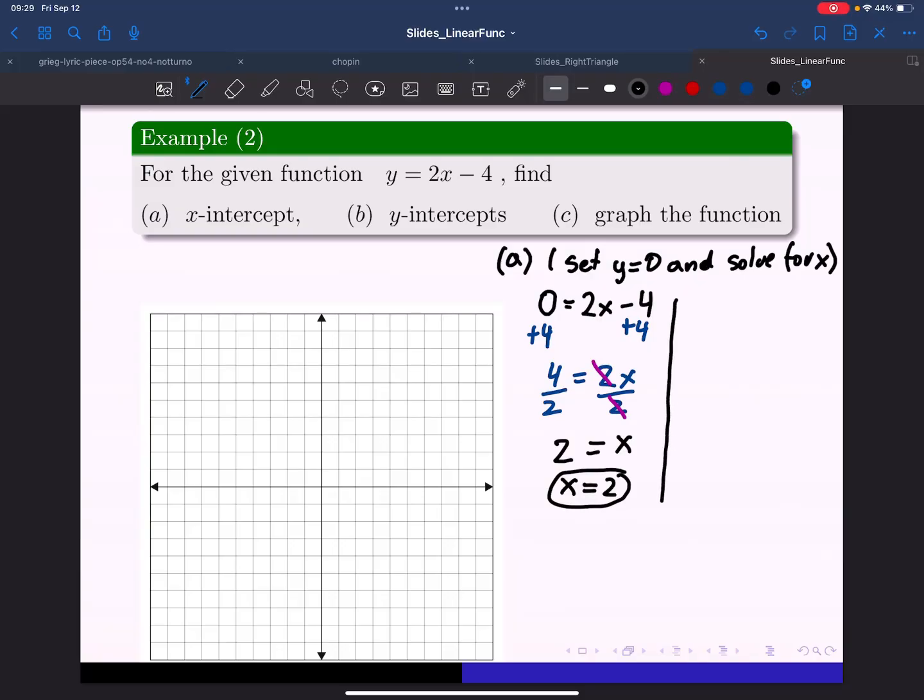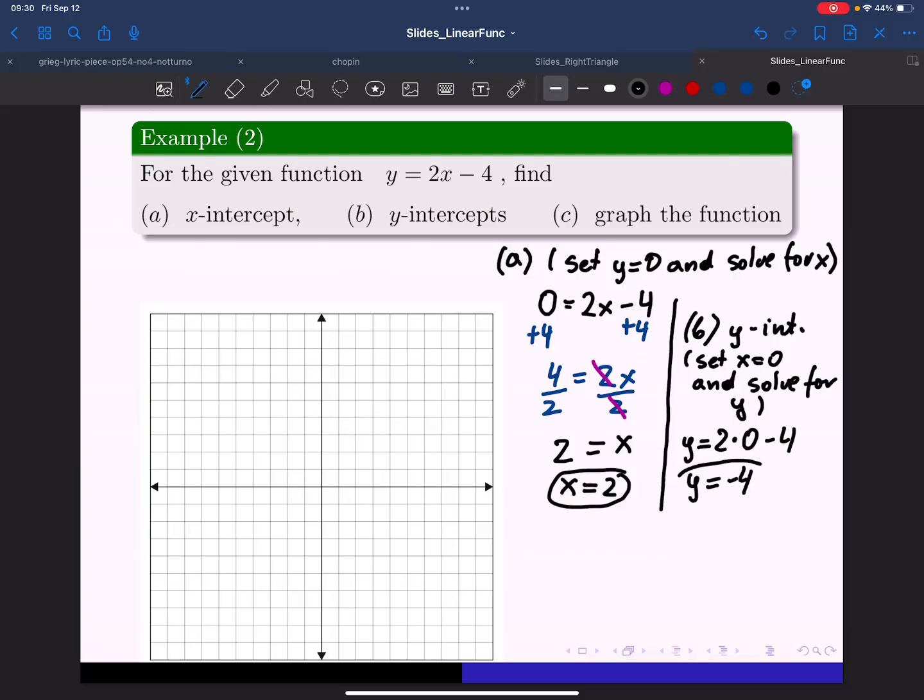Part B, y-intercept, we set x to 0 and solve for y. So we would have y is equal to 2 times 0 minus 4. 2 times 0 is 0 minus 4. y is equal to negative 4. And we already know this, that this point is the y-intercept.